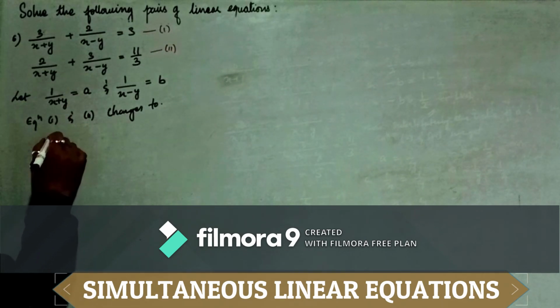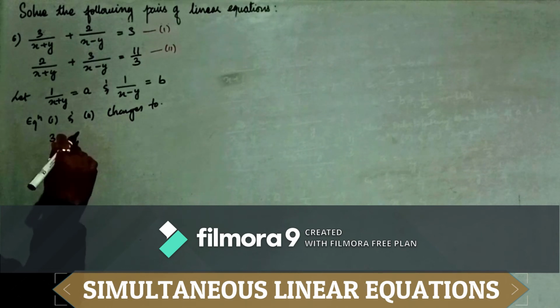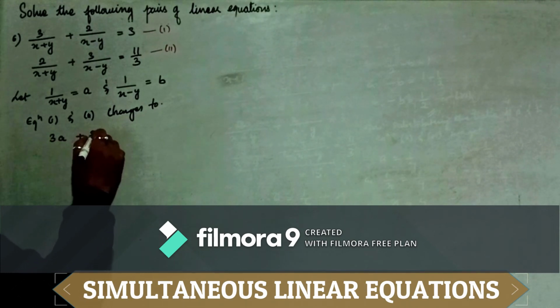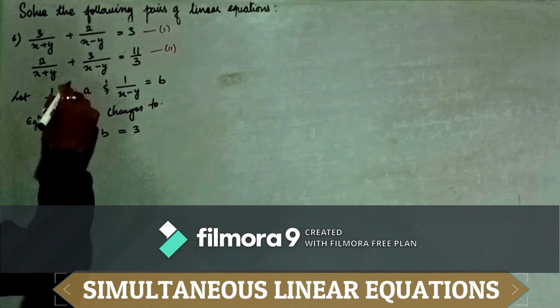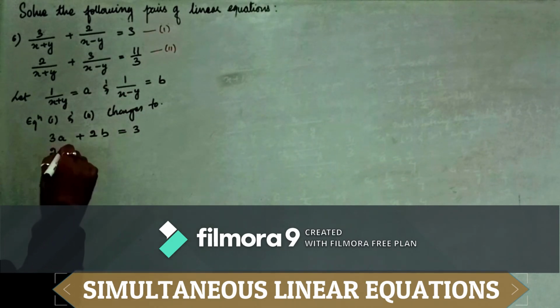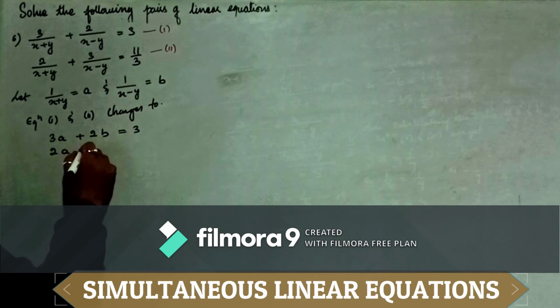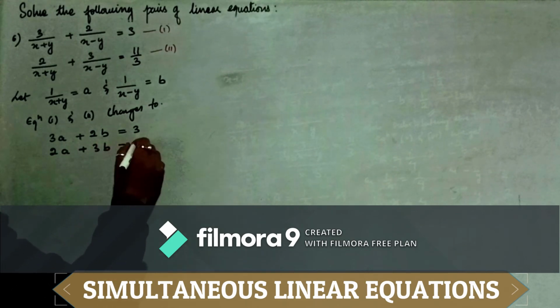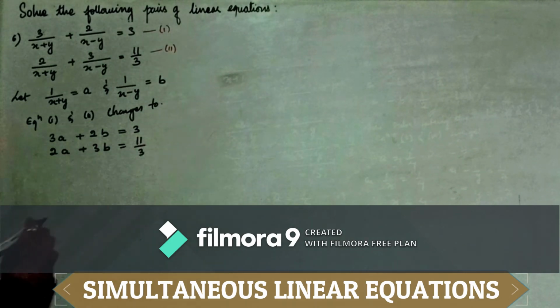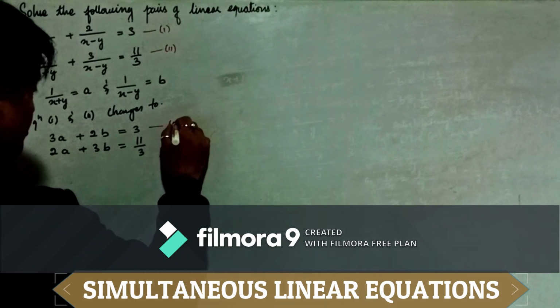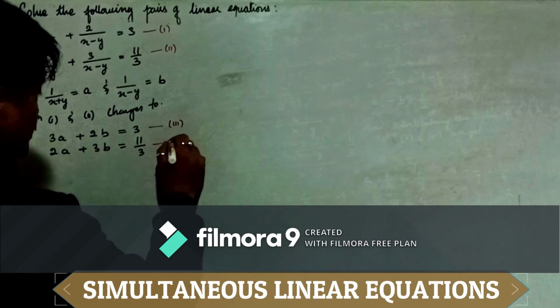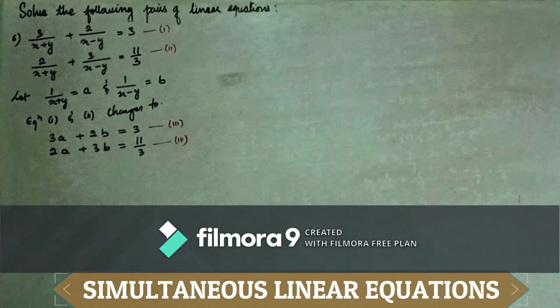So this will be 3a plus 2b equals 3, and equation 2 will become 2a plus 3b equals 11 upon 3. This is your equation 2. Now this becomes equation 3, and this equation will be equation 4.